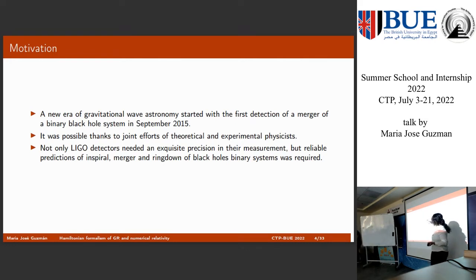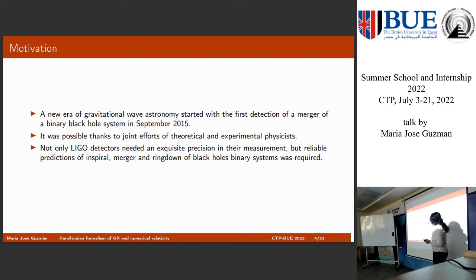This merger of a binary black hole system was detected, and it just started a new era, because now we are not only able to observe the universe with electromagnetic waves, with infrared, with ultraviolet, but also we can observe it with a totally new, different, let's say, telescope, which is a telescope of gravitational waves.